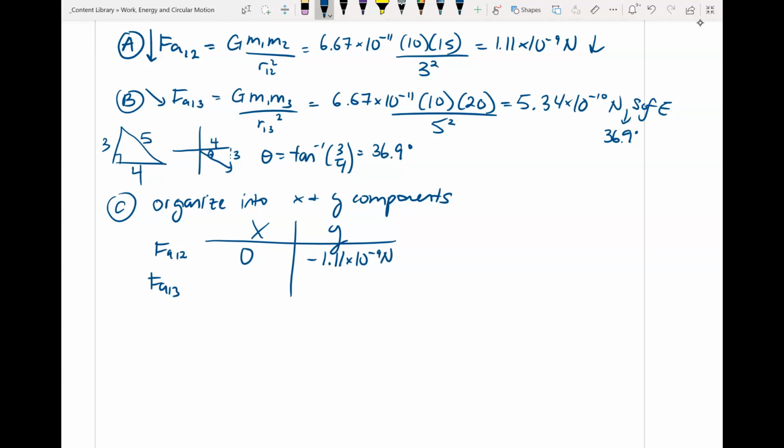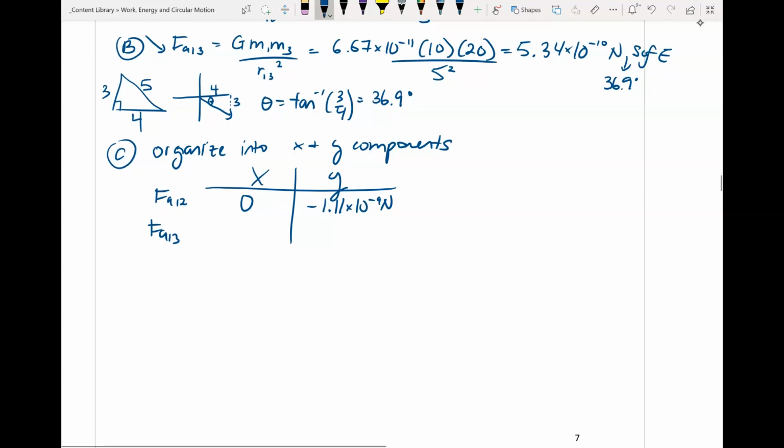And then for FA13, we have the magnitude and its direction. So if I want to find what that's going to be in the x direction, if you think about our picture here, I'm going to use cosine to get this one.